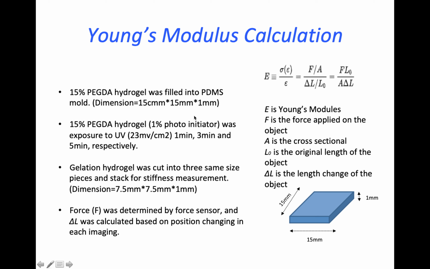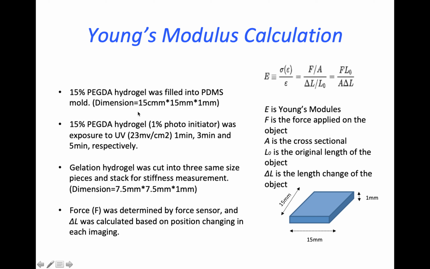So for the mechanical property analysis part, I use a customized force sensor, and the equation is widely used in the physical field. So it's just an elastic modulus function.